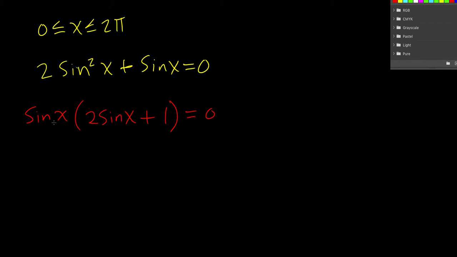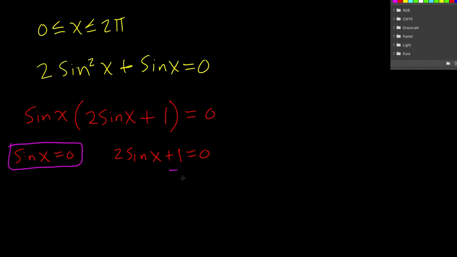And so if we solve these both individually, we're going to get sine x equals 0, and then 2 sine x plus 1 equals 0. And so that one's usable, but then we want to subtract 1.